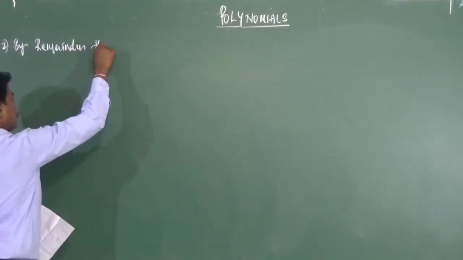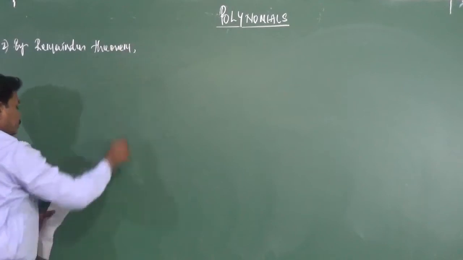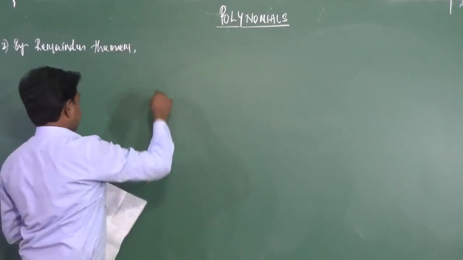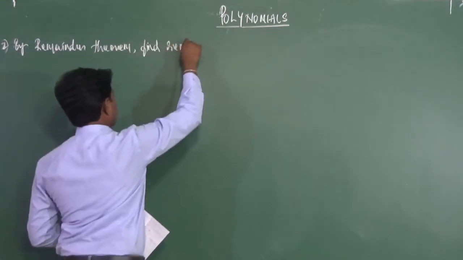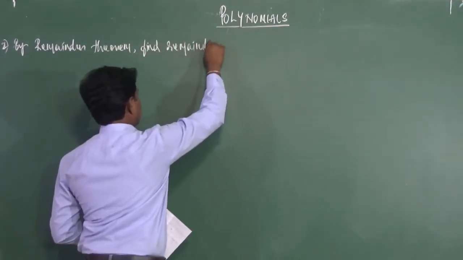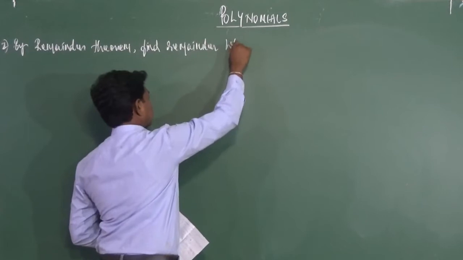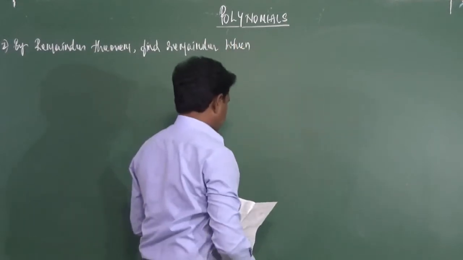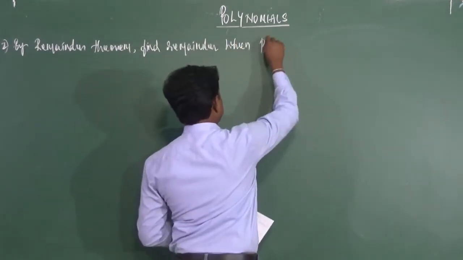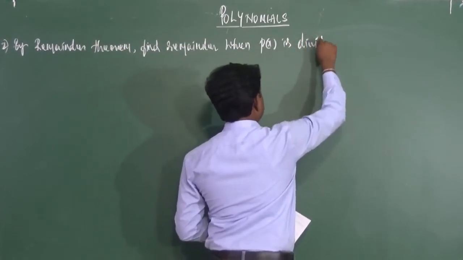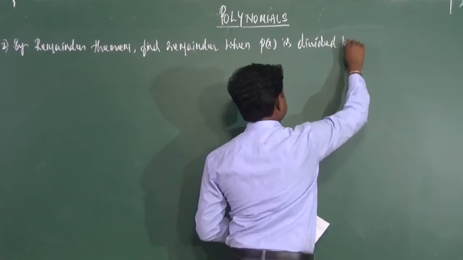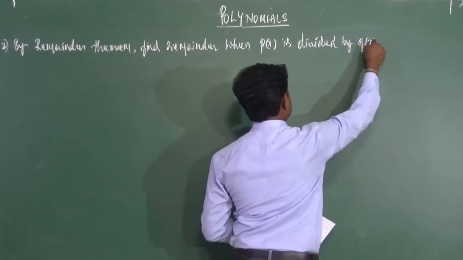By remainder theorem, find the remainder when p of x is divided by g of x.